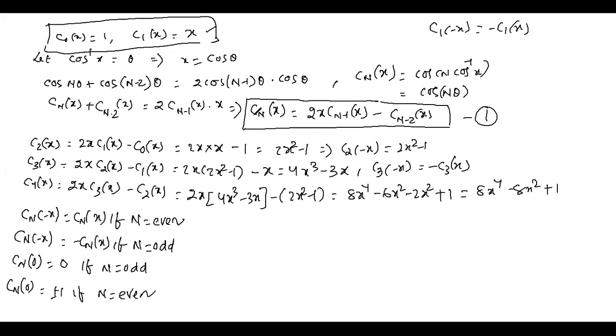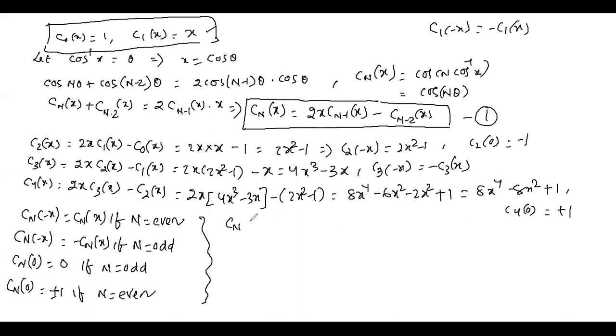Check it. C0(0) is 1. What is the value of C2(0)? C2(0) is −1. What is the value of C4(0)? C4(0) is +1. In the same way, Cn(0) equals plus or minus 1 if n is even. These are all properties of the Chebyshev polynomial.